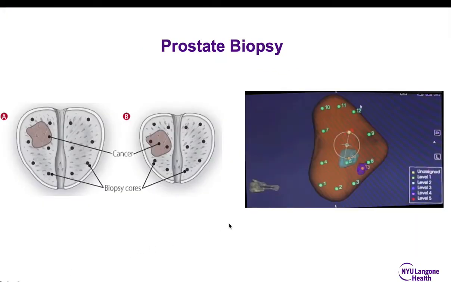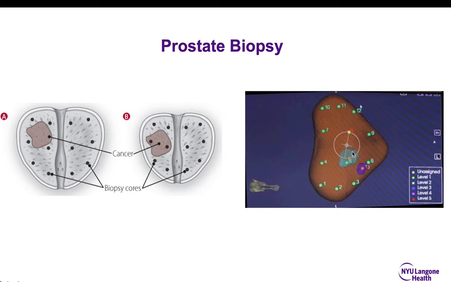You can see in this slide that the fusion platform allows us to identify the location of the prostate biopsy cores on a specific individualized prostate gland. In this particular cartoon, the 12 cores from the systematic or template biopsy are noted.